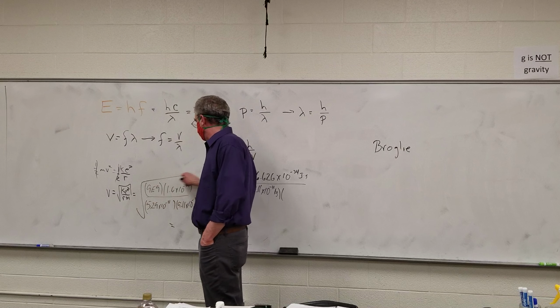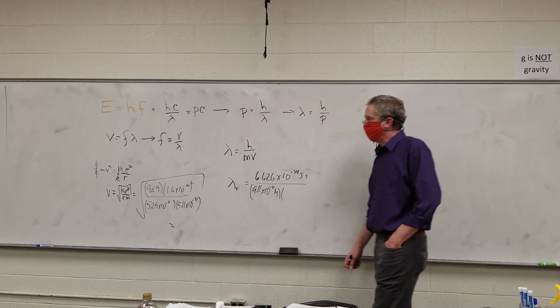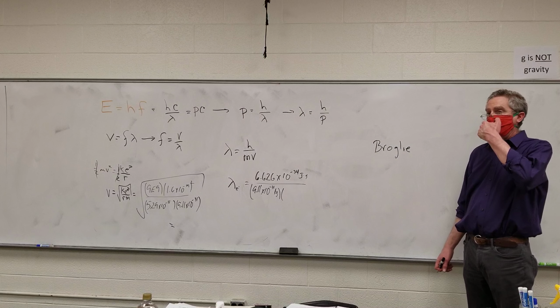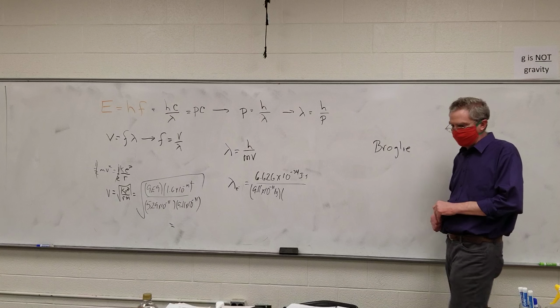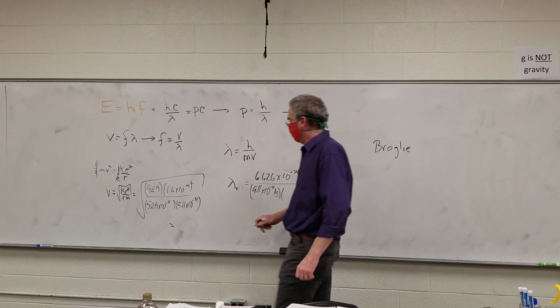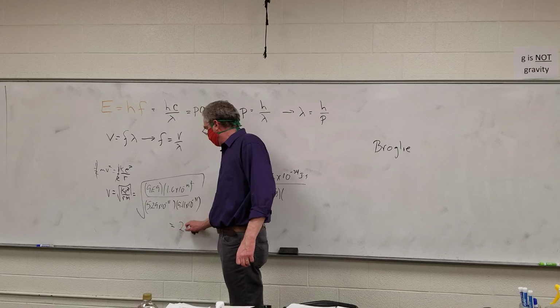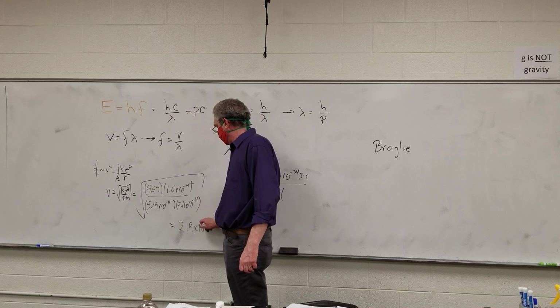Then square root all that. How fast is that electron going? 2.19 times 10 to the 5th meters per second.